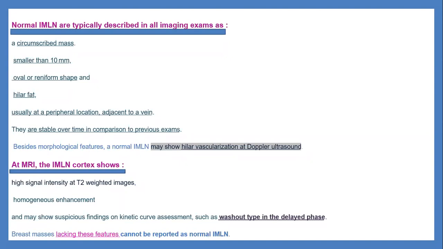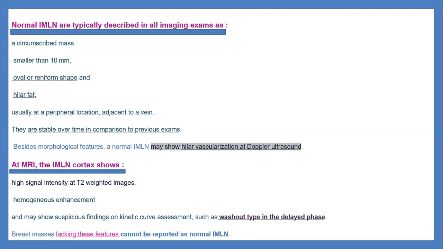Besides the morphological features, as we described, an intramammary lymph node may show hilar vascularization on Doppler, as we described before, and at MRI, high T2 signal and homogeneous enhancement. It may show suspicious findings on the kinetic curve, such as washout in the delayed phase.